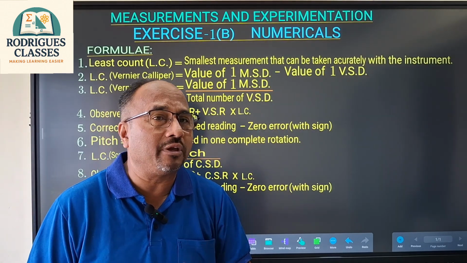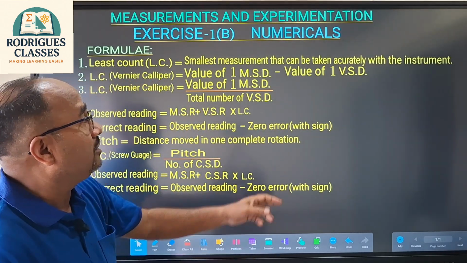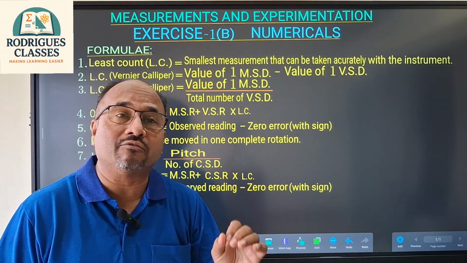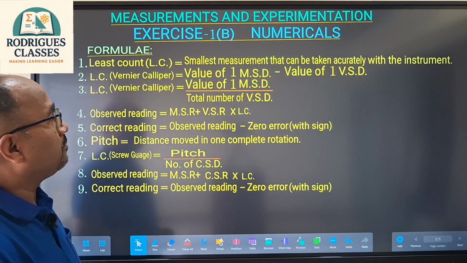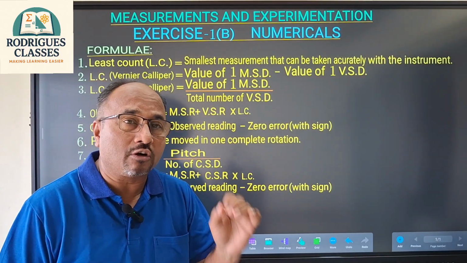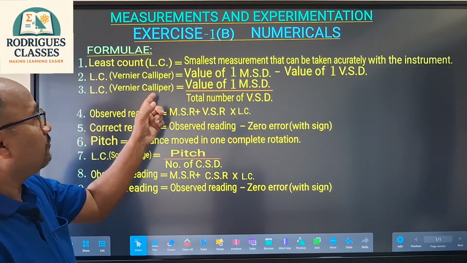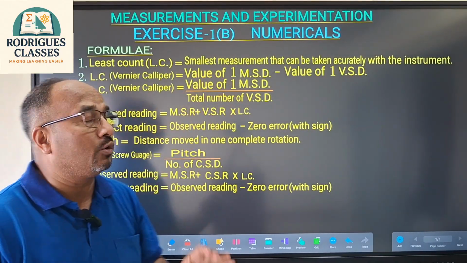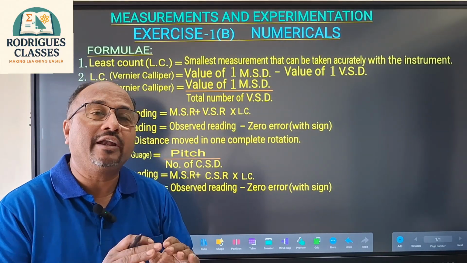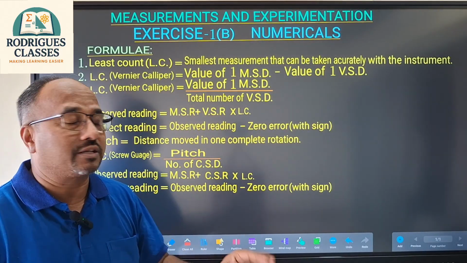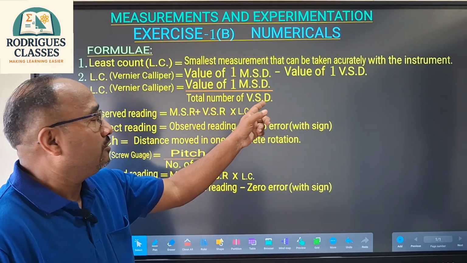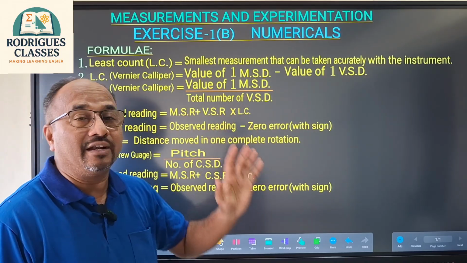But if you are making use of this formula, you will have to know the value of one vernier scale division. Another formula is a very useful and short way of finding the least count of a vernier caliper: the value of one main scale division, divided by the number of divisions in the vernier scale. So I have written total number of VSD, meaning vernier scale divisions.